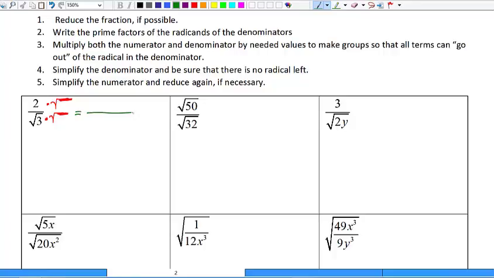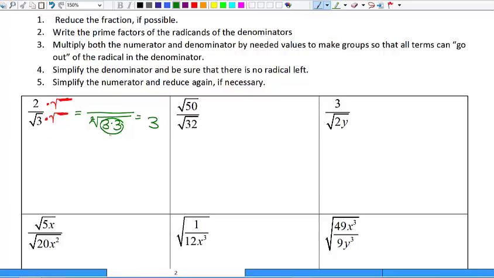I would like my denominator to have groups of 2, because there's a square root, so that all of the radicand values can go out of the radical. So I have a 3 in my original problem. I would prefer to have two 3's. And the reason I would prefer to have two 3's is so that I have a group of 2 and that they can go out of the house and I just write them once.